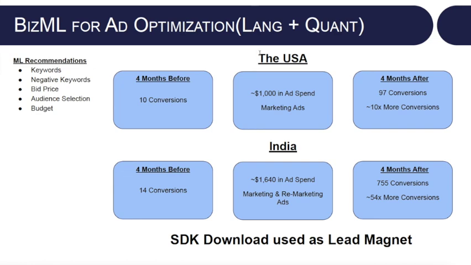We did this in US and India. In the US, for mere $1,000, the number of conversions went from 10 to 97. And in India, the number of conversions went from 14 to 755, a 54-fold increase.